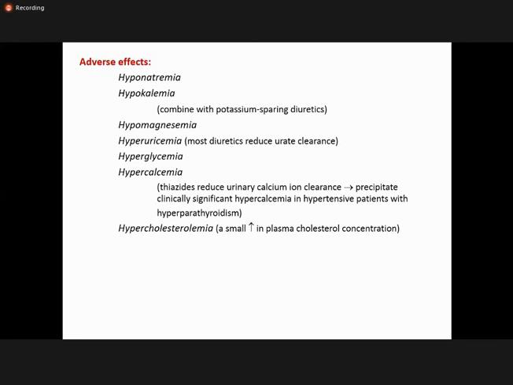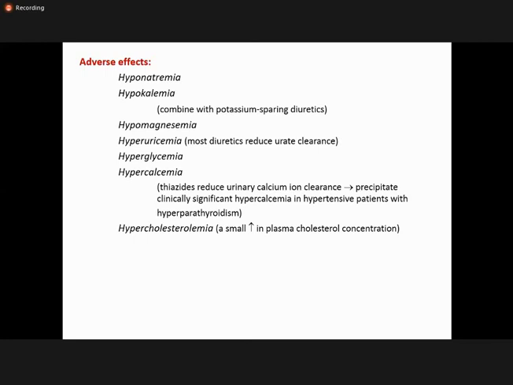So you must remember this important difference. Thiazide reduces urinary calcium and can precipitate clinically significant hypercalcemia in hypertensive patients with hyperparathyroidism. So, what is the clinical correlation from the exam point of view? Suppose there is a female, old age female, having a history of osteoporosis, and that female requires a diuretic.